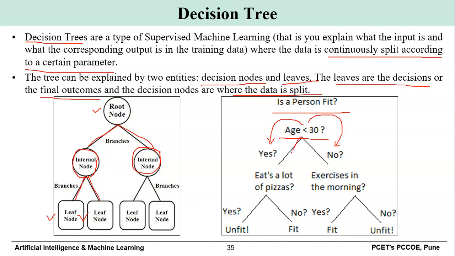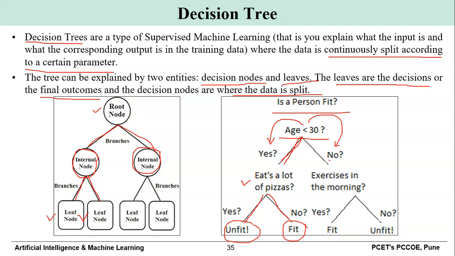If the age of the person is below 30 and he eats a lot of pizza, then we can say that he may be unfit. Or there are other possibilities also. If the age of the person is below 30 and he doesn't eat a lot of pizza, then we can say that he is fit.